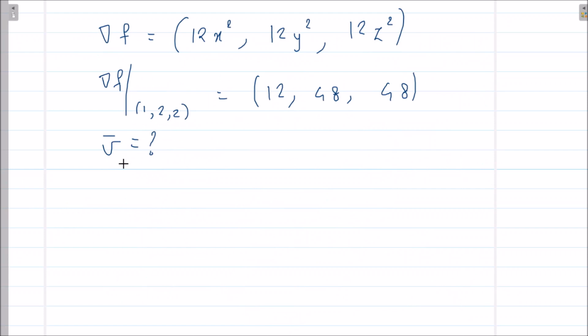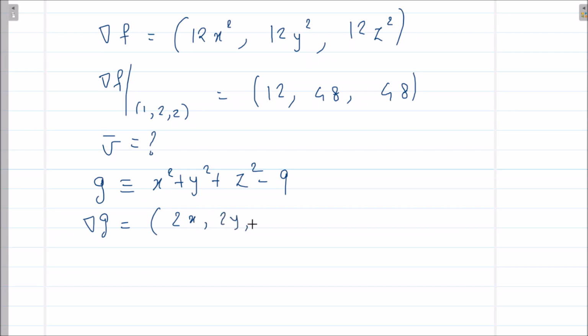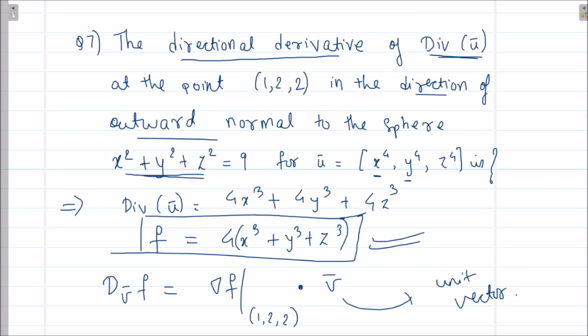Okay, so I have to find the normal vector to which surface? The surface G is x square plus y square plus z square minus 9. What is the gradient of G? It is 2x, comma 2y, comma 2z. And what is the point given to you? The point given to you is (1, 2, 2).